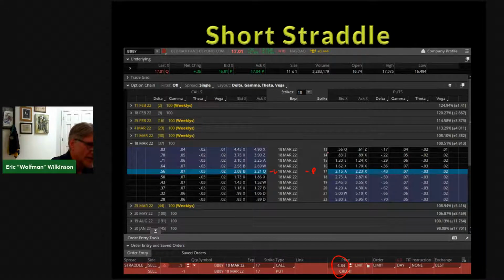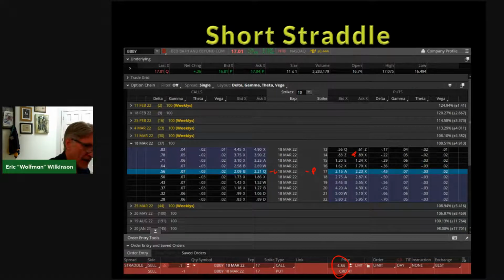I told you the break even to the downside was like 12 something, right? Well, I'm going to go down. I've got $4.34. If I go down $3 and buy this put, it's going to cost 89 cents out of that, right? So I'm going to have like $3.50.